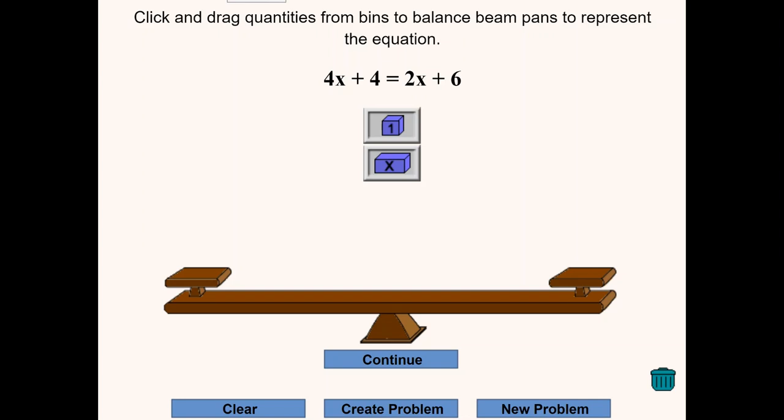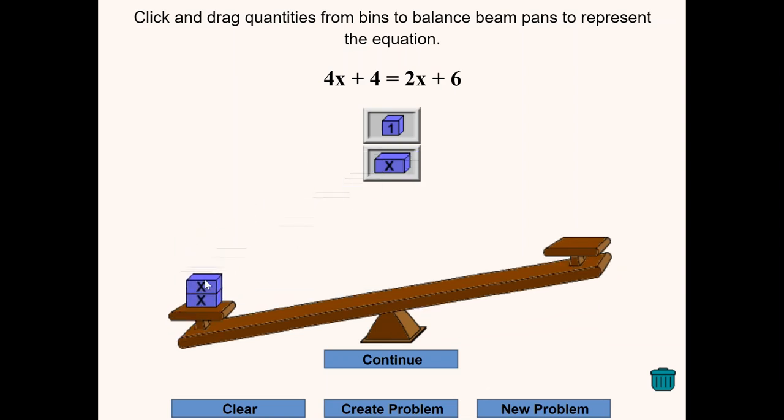So, we're going to learn how to solve linear equations with variables on both sides by using a balanced scale model. So over here, I have a question that tells you that 4x plus 4 is equal to 2x plus 6. So we're going to add 4 x's on the left side and 4 ones.